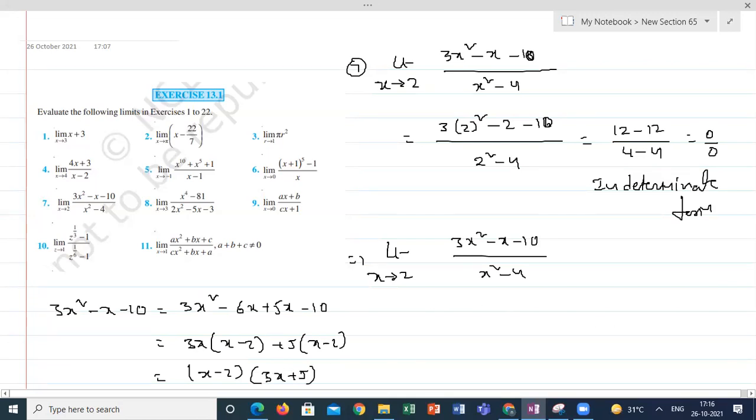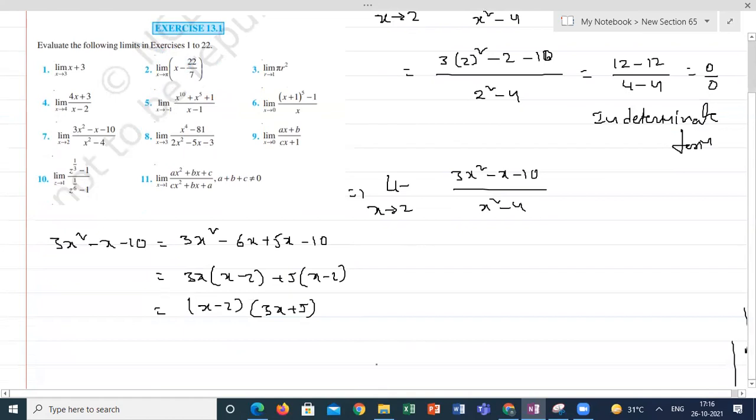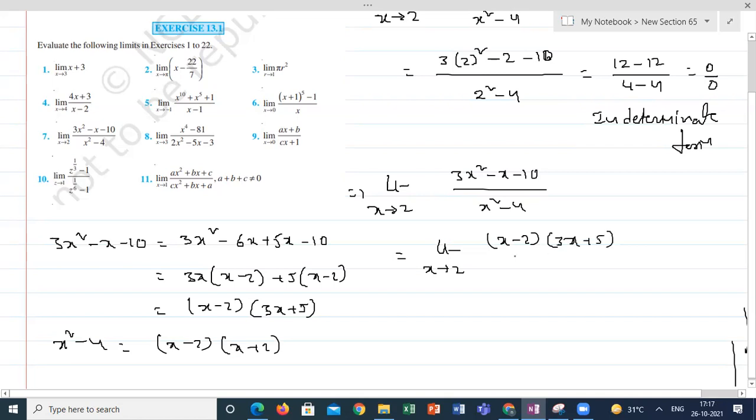When it comes to the denominator factors, x square minus 4 can be written as x minus 2 into x plus 2 using the formula of a square minus b square. Limit x tends to 2, x minus 2 into 3x plus 5 divided by x minus 2 into x plus 2.